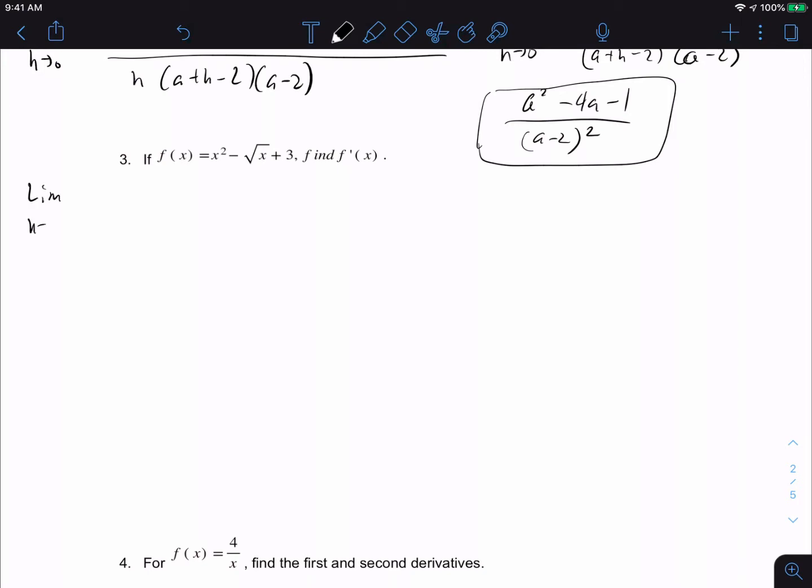So the limit as h goes to 0 of (x plus h) squared minus square root of x plus h plus 3 minus x squared plus square root of x minus 3 all over h. That sucks. Okay.